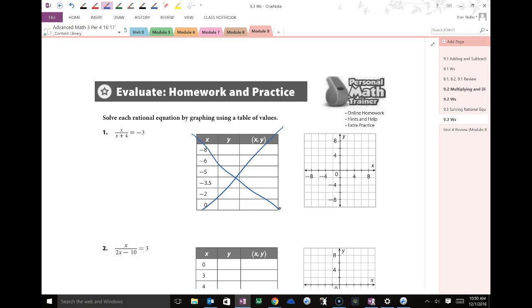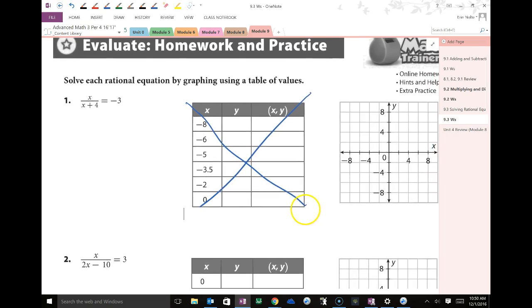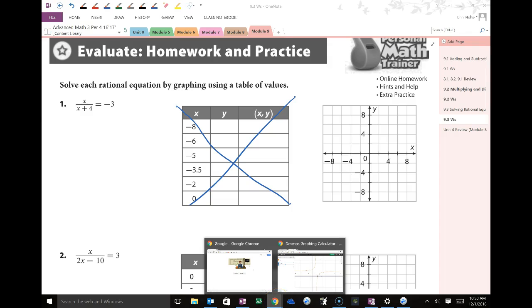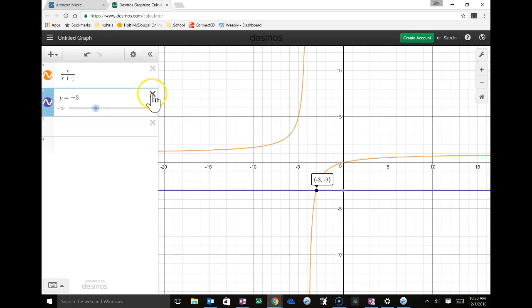Okay, but what I'm going to do is see how I have two different sides of this equation. There are two different equations. So I'm going to type x over x plus 4 into my y1 and then negative 3 into my y2. Now when you do this on Desmos, I guess I just did this in the last class.